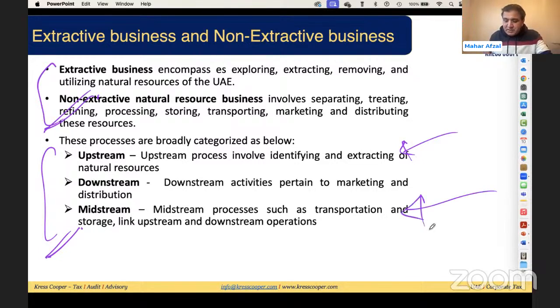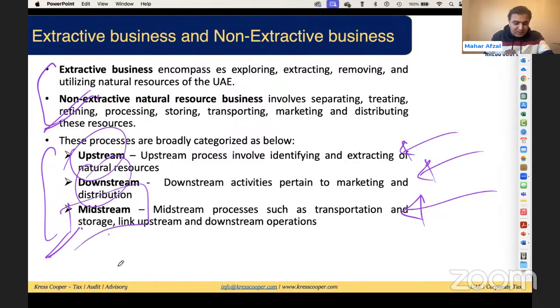Downstream entities are supplying these resources to the end user, to the consumer, whether inside or outside the UAE, it doesn't matter. So they are selling, marketing, branding, distribution, all these activities performed by the entity. These are called downstream. And there is a link between the upstream and downstream entity, which is called the midstream entity.